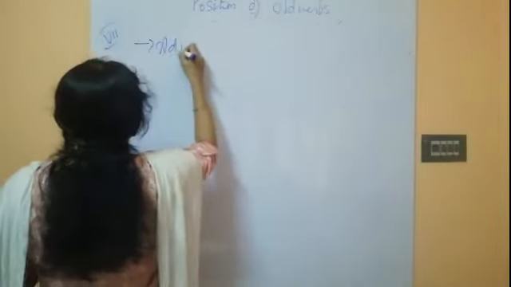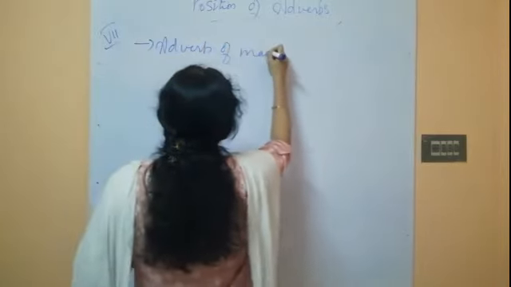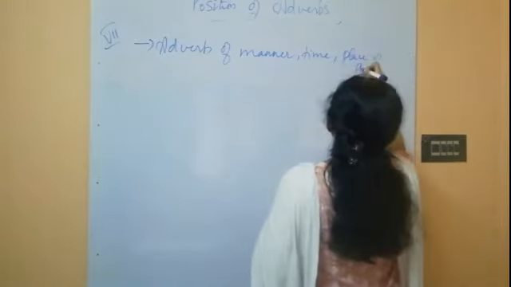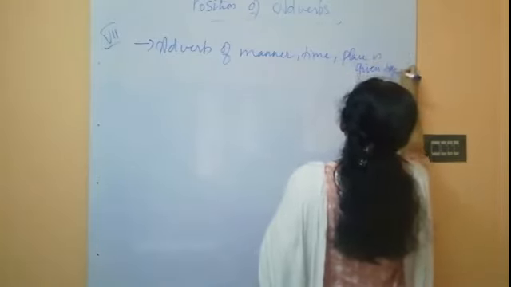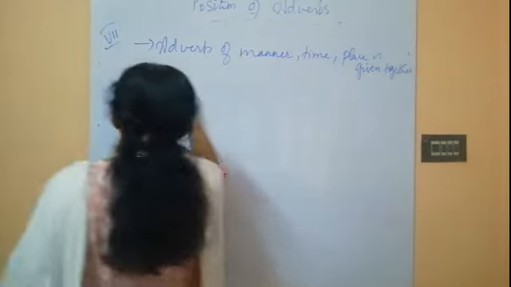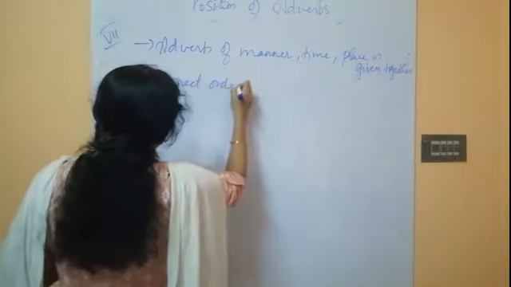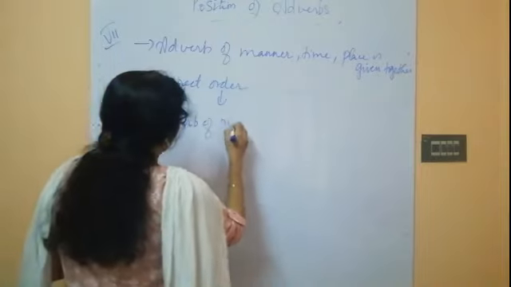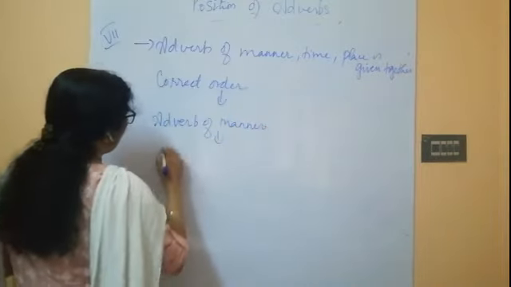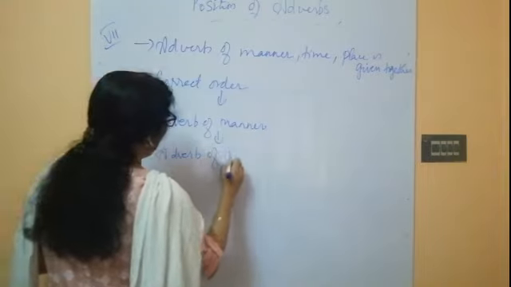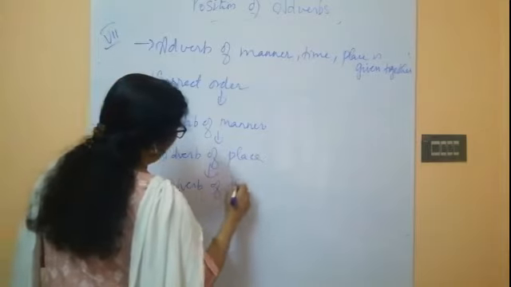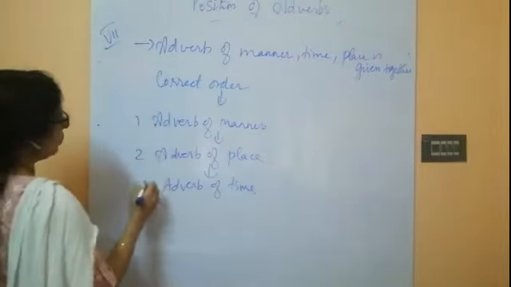How you have to place it, the correct order is, first comes adverb of manner, then comes adverb of place, then comes adverb of time. Okay, so this should be the order.